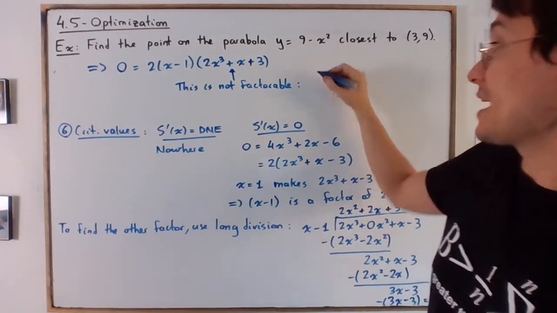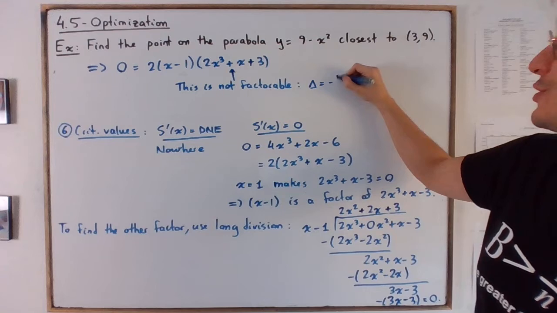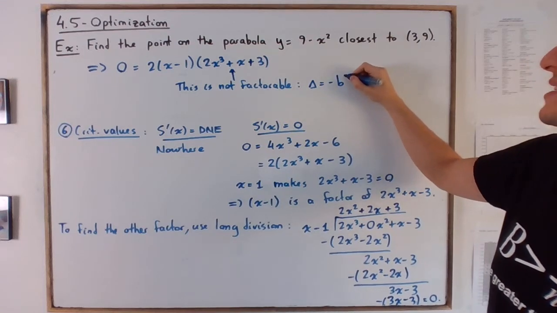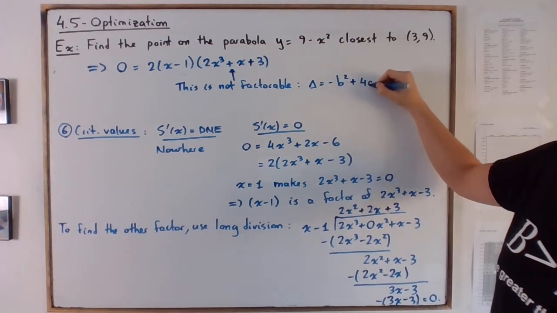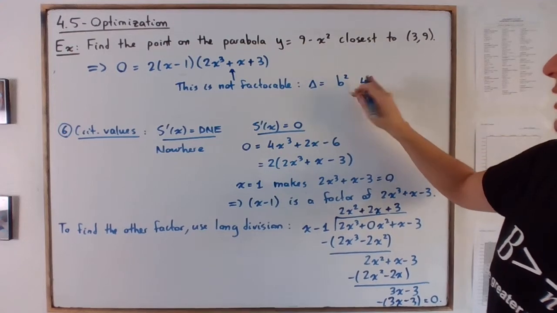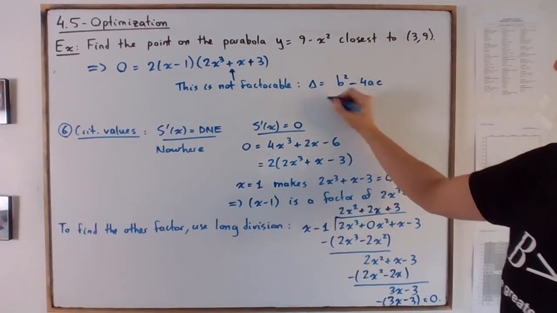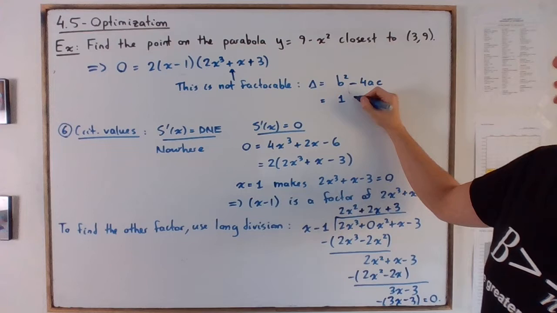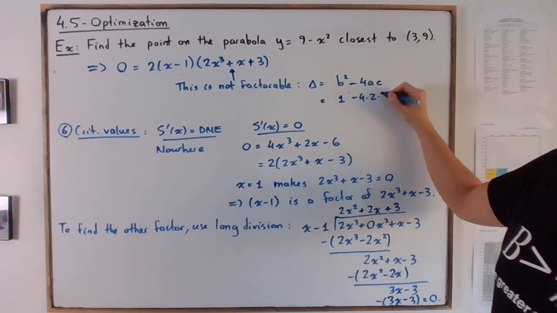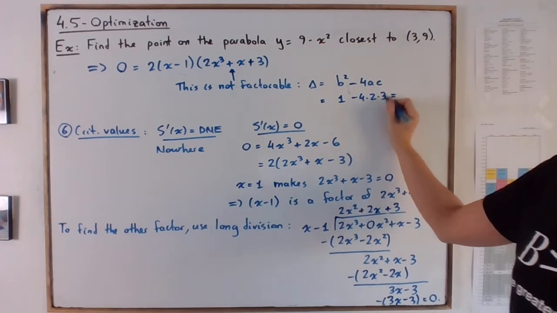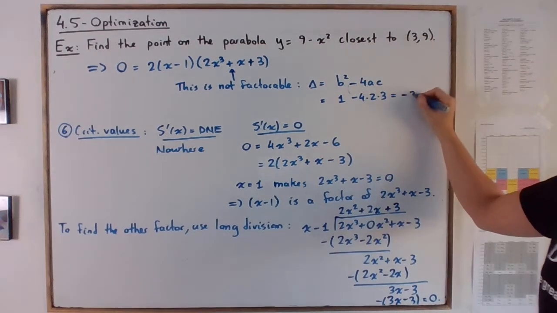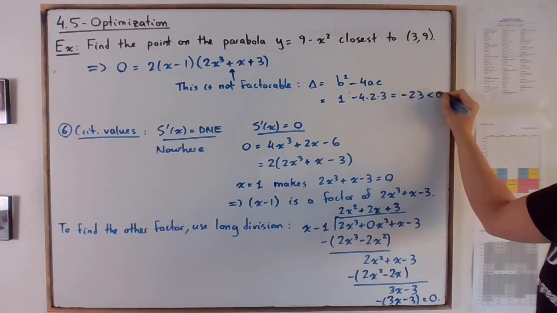So the idea is to compute the discriminant, which you know very well: b squared minus 4ac. So it's going to give us 1 minus 4 times 2 times 3, which is negative 23, so smaller than 0.